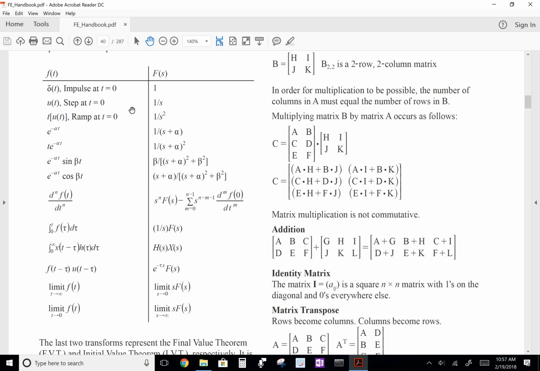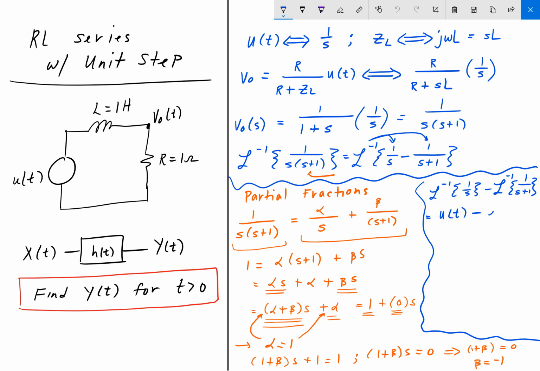So 1 over s plus 1 is similar to this one here, 1 over s plus alpha with alpha equal to 1. So that is equal to e to the minus alpha t. So it's e to the minus t.